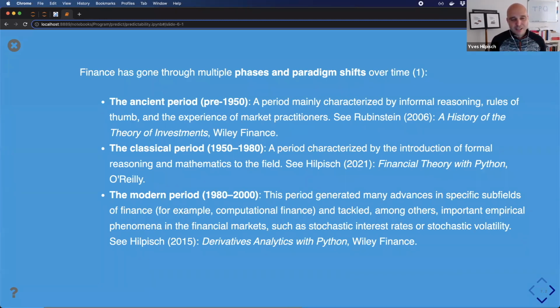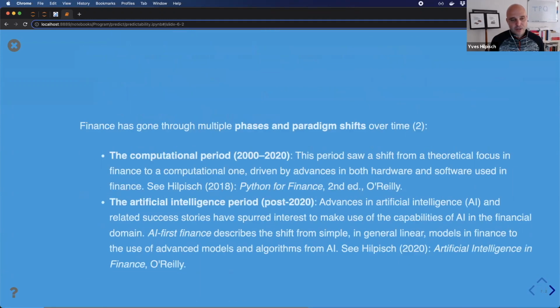Many examples. This is where math, so to say, was introduced to finance. In the modern period, we have had many advances on the mathematical side, but primarily also on the numerical computational side. My book, Derivatives Analytics with Python, focuses primarily on these advances, right, with regard to option pricing.